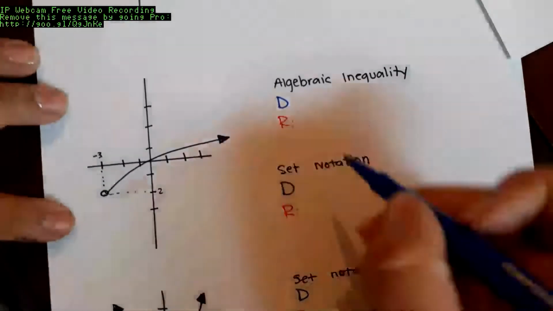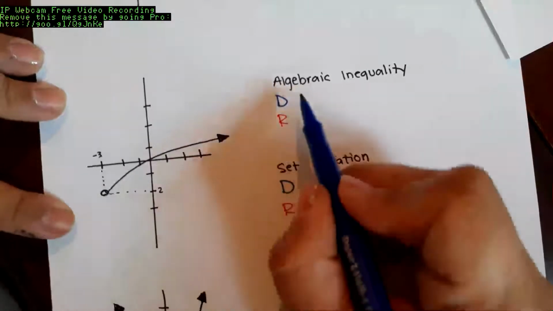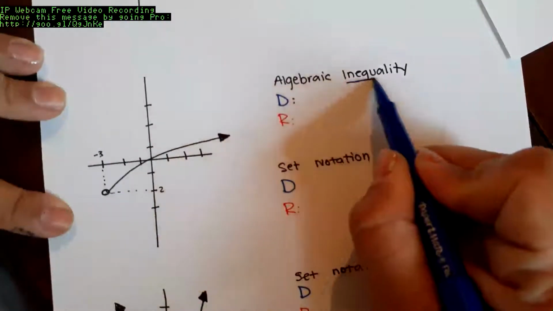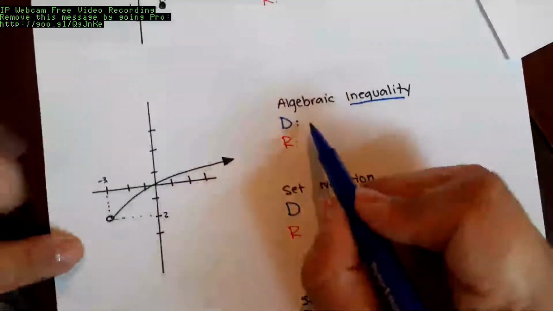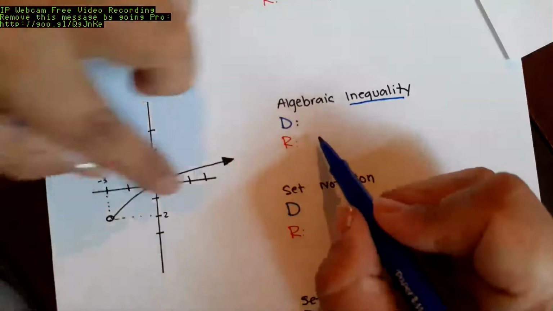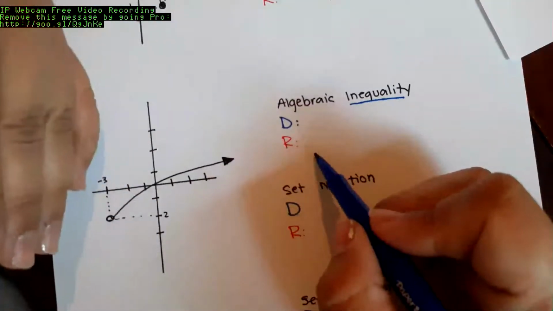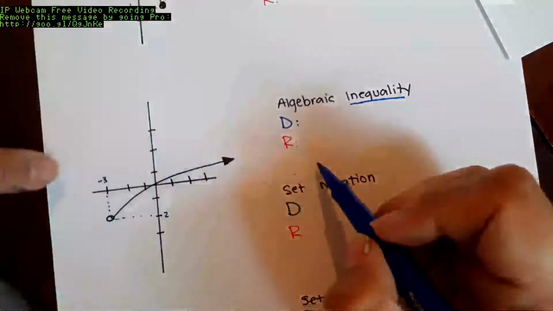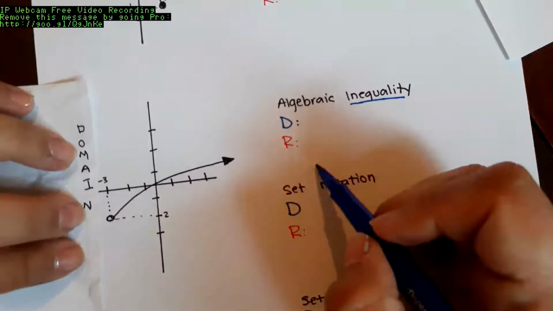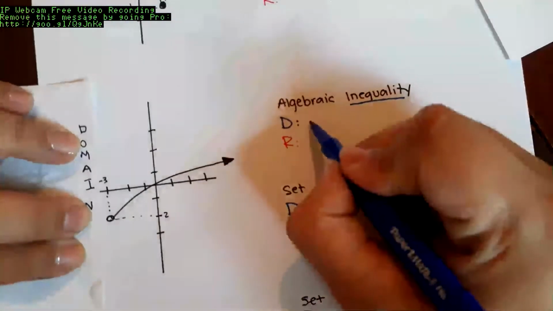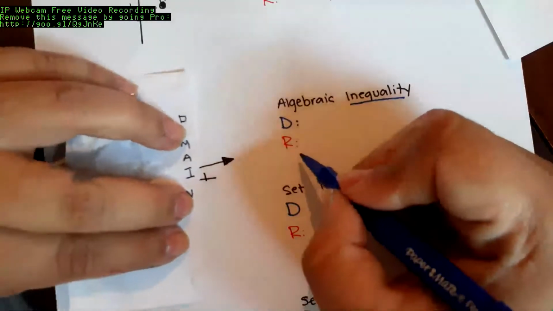Okay, so for my domain, this time I'm going to start with my algebraic inequality. So remember, that's just the inequality part. For my domain, I'm going to focus on my x-axis. So I'm going to start on my negative side and work over to my positive. On my negative side, I see my graph starts at -3 and it goes on forever, right?